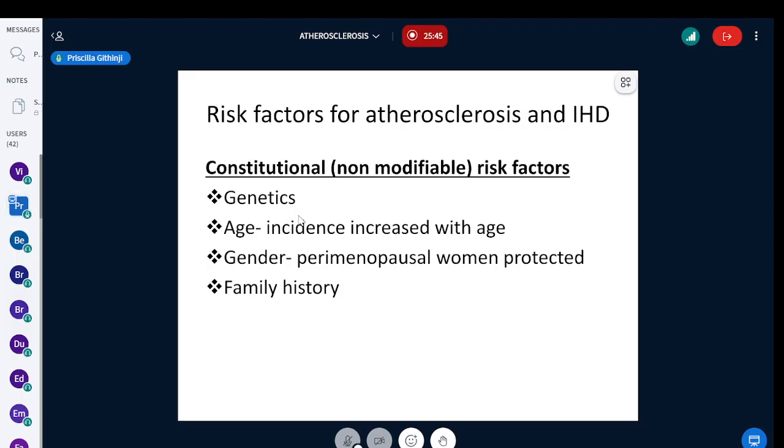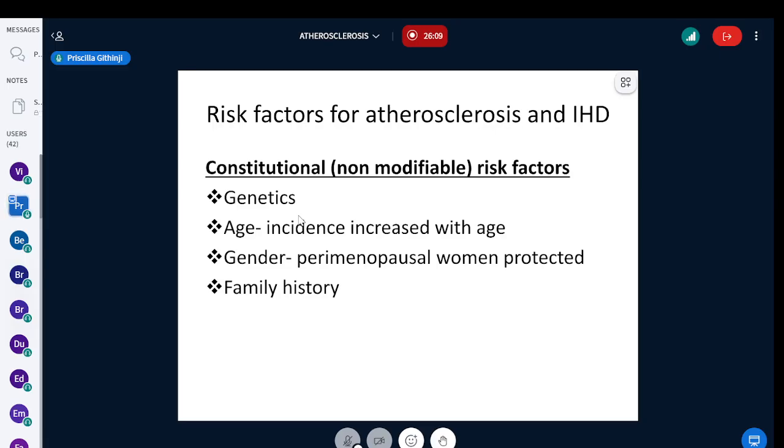The other thing is gender. Atherosclerosis is more common in males, and its effect, ischemic heart disease, is more common in males than females, especially those before menopause. And this is because estrogen produced by females has a protective effect against lipids.